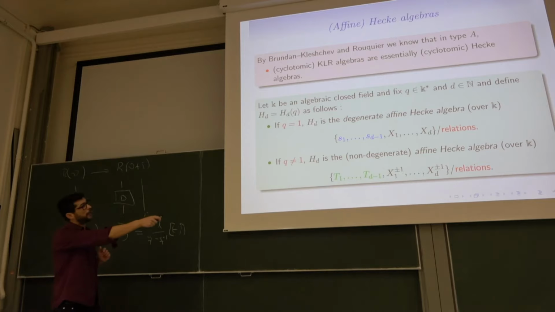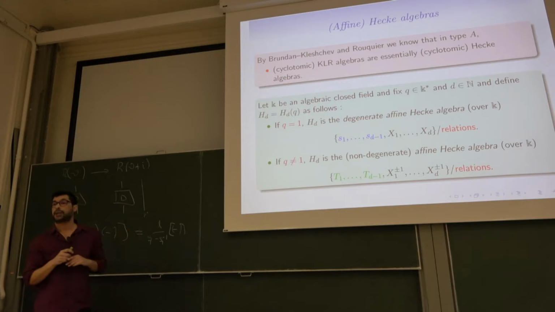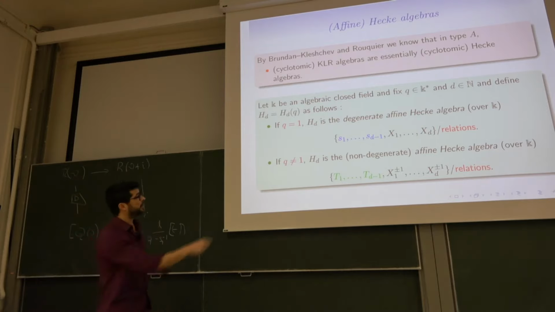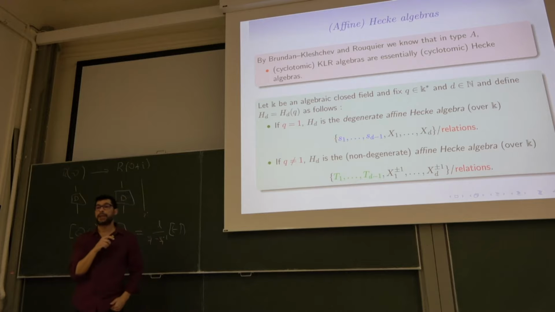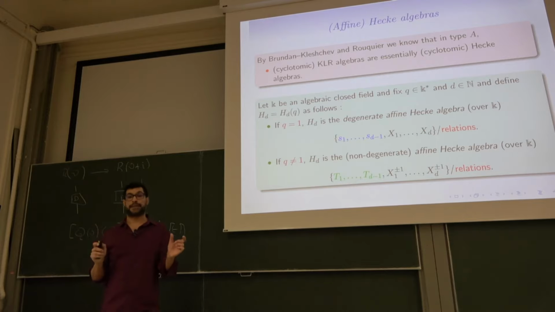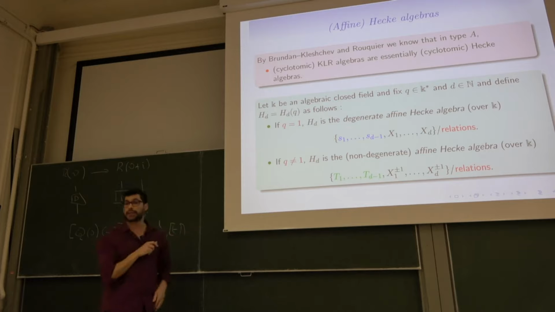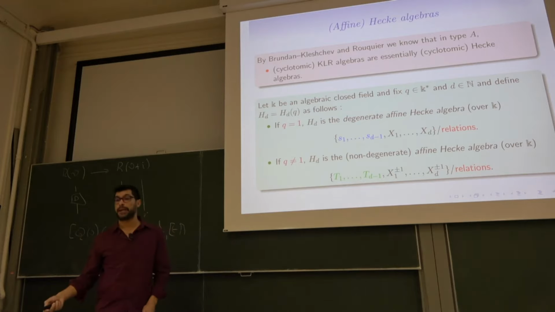If q equals 1, H_d is the degenerate affine Hecke algebra over K, which is generated by s_1 to s_{d-1}, and x_1 to x_d, modulo some relations. The relations say that the s generators generate the group algebra of the symmetric group, so they satisfy the symmetric group relations. The x's, well, it's affine, so they generate a polynomial ring, and there are some terms mixing them.